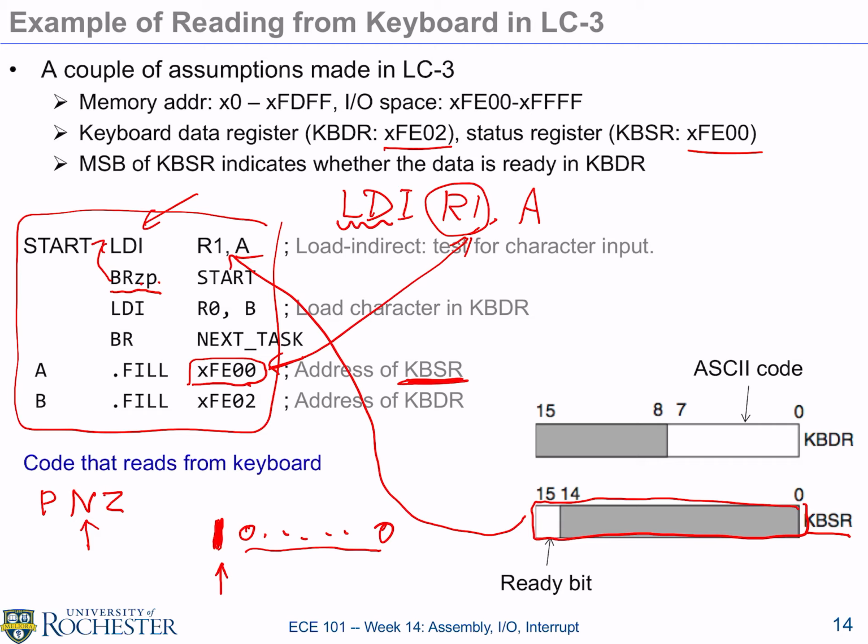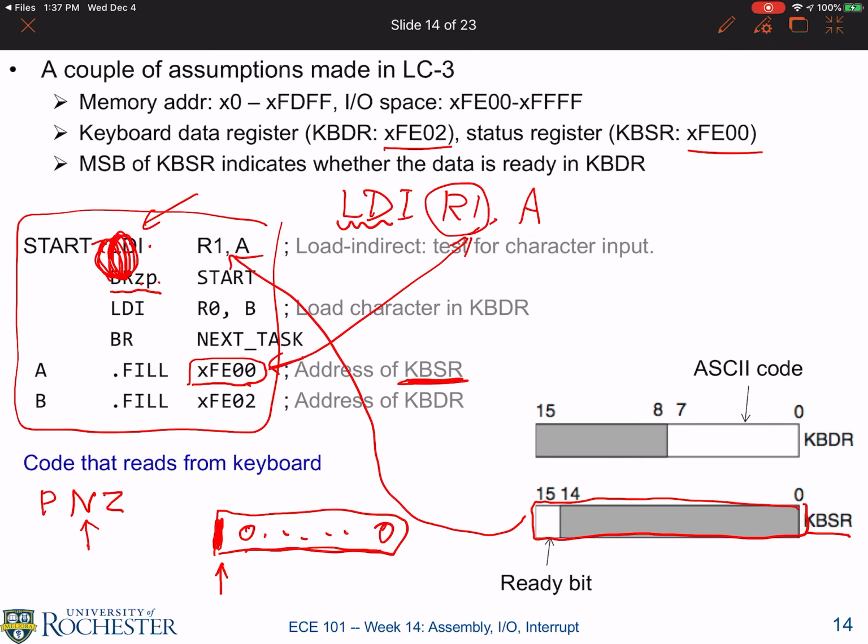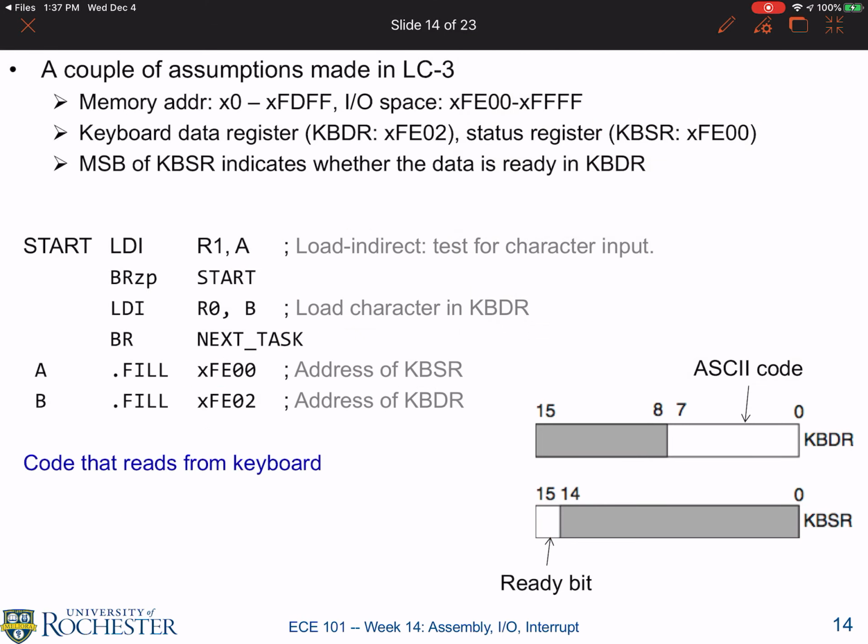Okay, great. This would just be a busy checking loop. Every time I'm checking, loading the status, is this bit 1? If not, I check it again. And when I'm done checking, let's say I get a 1. Then I move on. I start to execute this code.